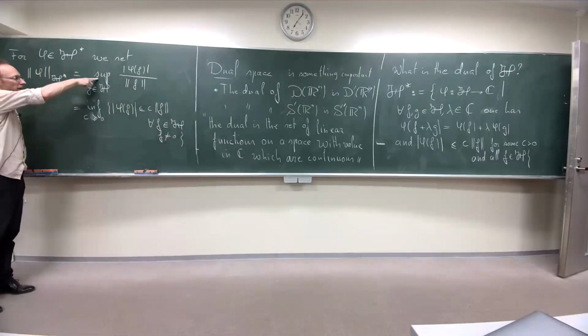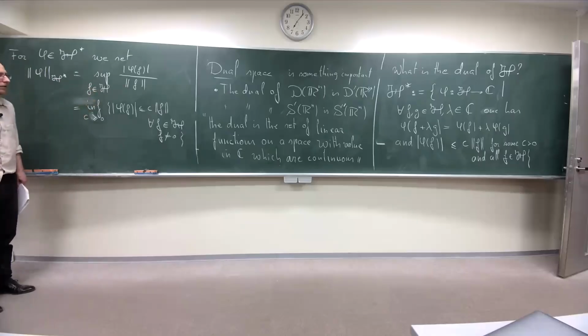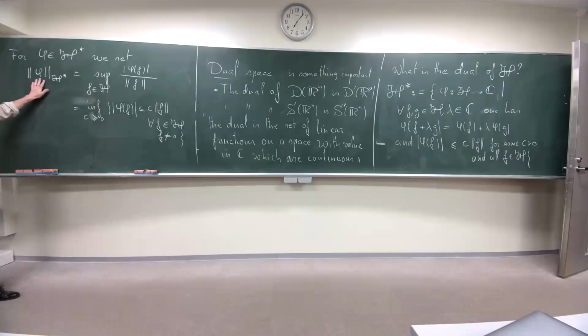You can either take a supremum from below or an infimum from above. So I'm giving a norm to this. So far this is just a definition: take the set of linear functions satisfying something, and I associate a positive number.